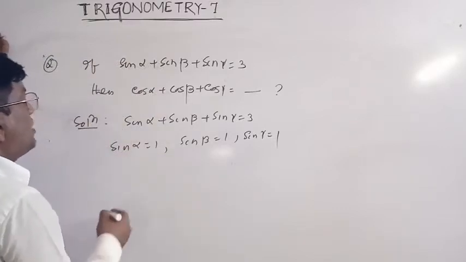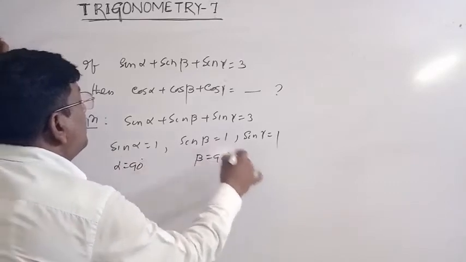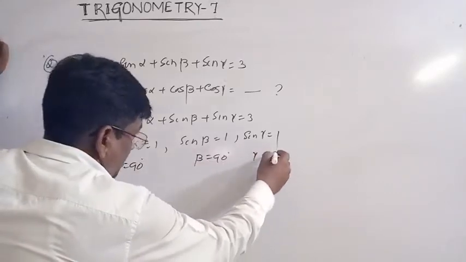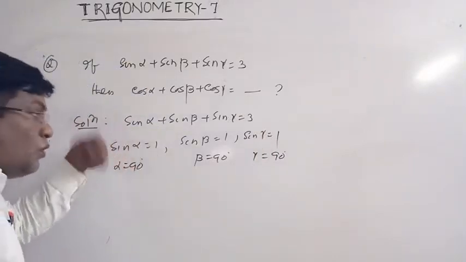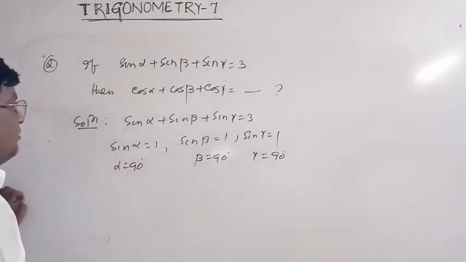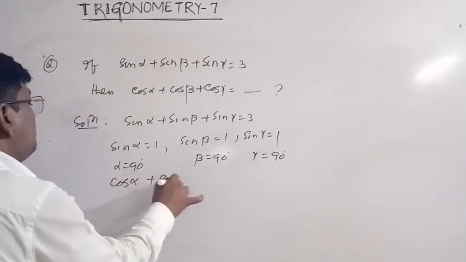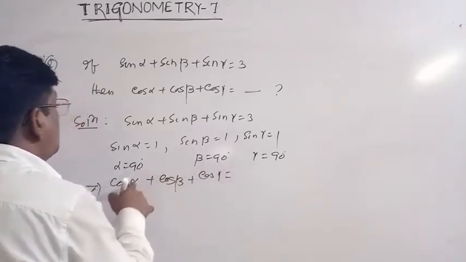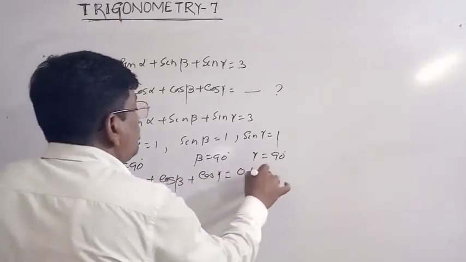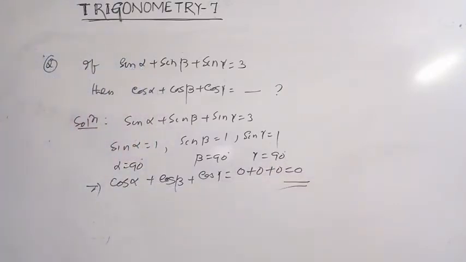Alpha is equal to 90 degrees, beta is equal to 90 degrees and gamma is equal to 90 degrees. So cos alpha plus cos beta plus cos gamma is cos 90 plus cos 90 plus cos 90, 0 plus 0 plus 0, so this is equal to 0.